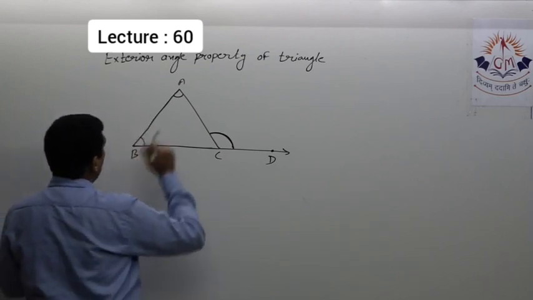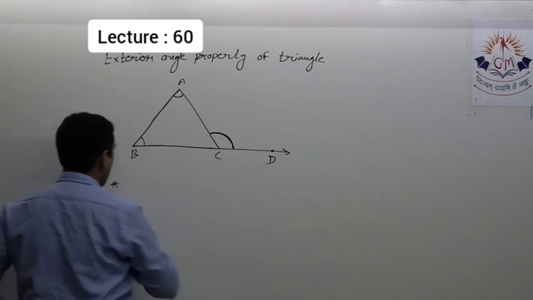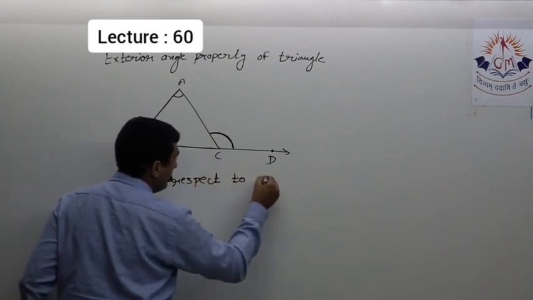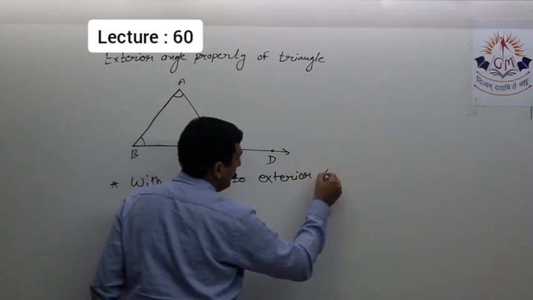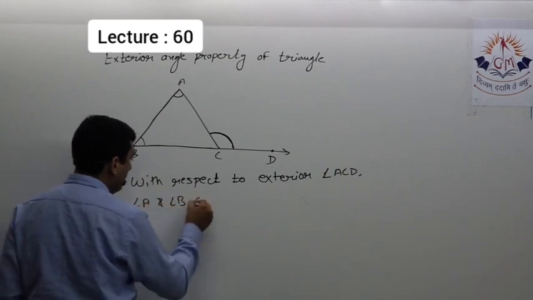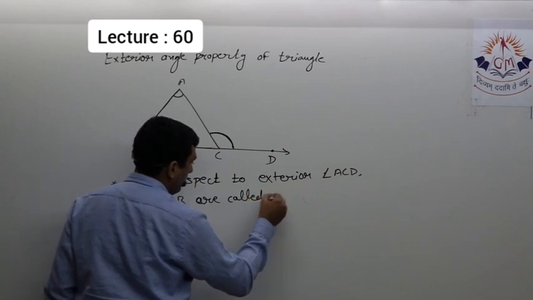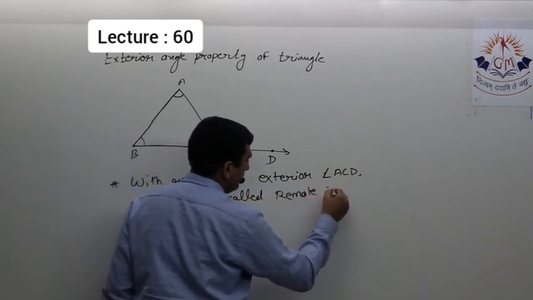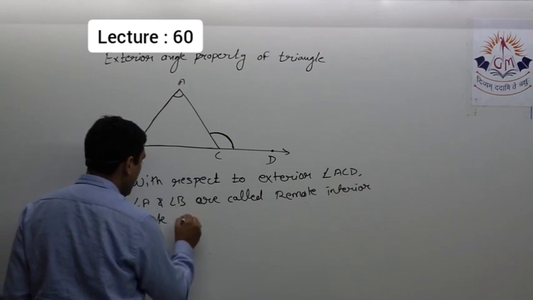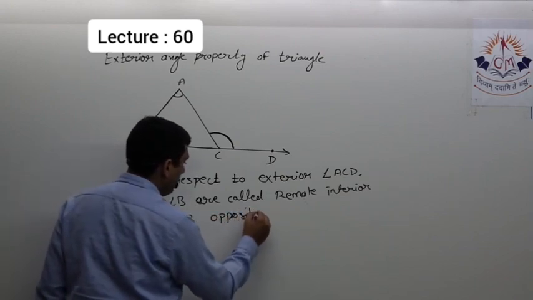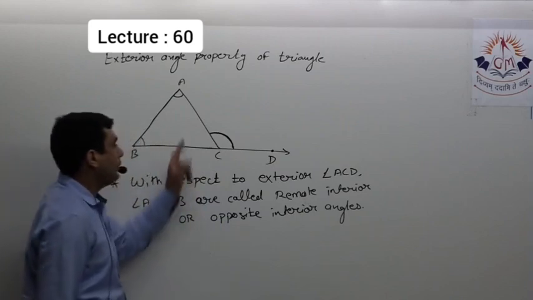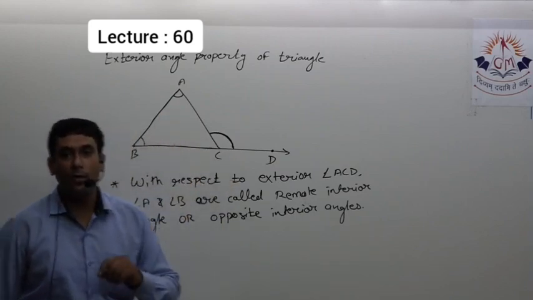Before I move to the property, take a note that with respect to exterior angle ACD, angle A and angle B are called remote interior angles or opposite interior angles.